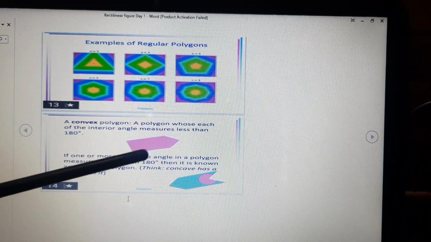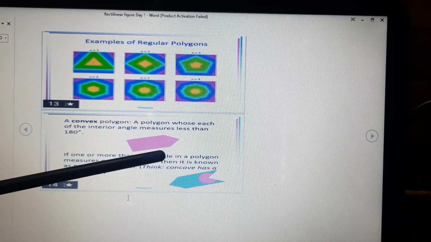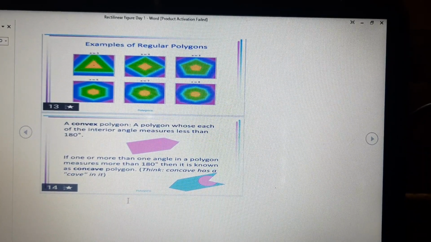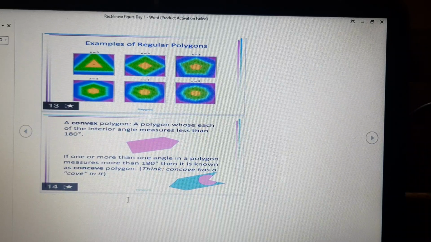As you can see in this figure, these two seem to be 90 degrees, these two angles are obtuse, and this is acute. All five angles are less than 180 degrees, so it is a convex polygon.